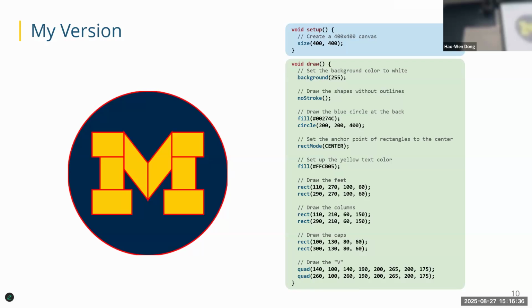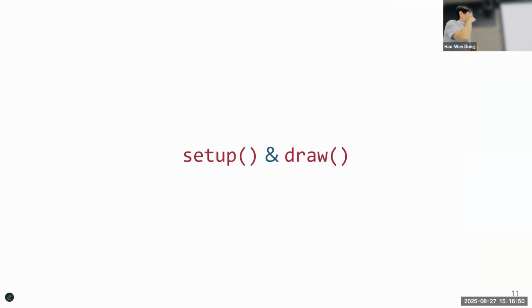We will talk about what a function is, but for now, think about it as two different parts of the program that we need to execute differently. Typically, we have setup and draw. These are predefined functions in Processing, and they will be called when the program starts. You set up the canvas, the environment, and then you start drawing on top of that.